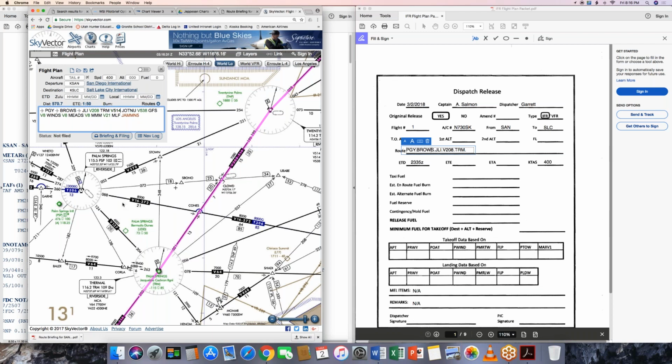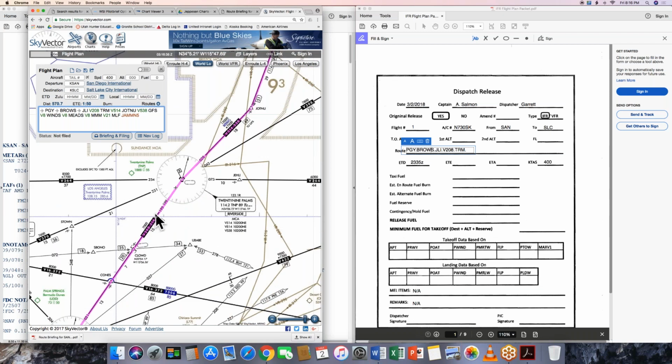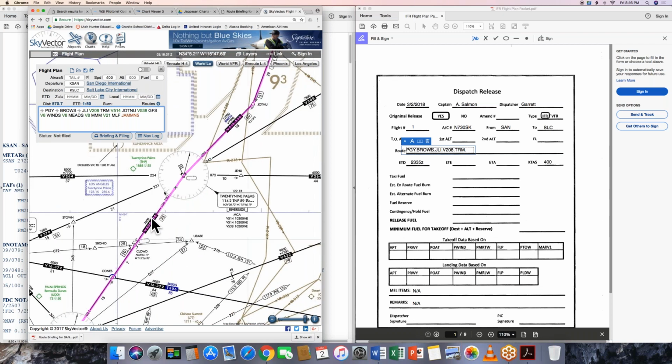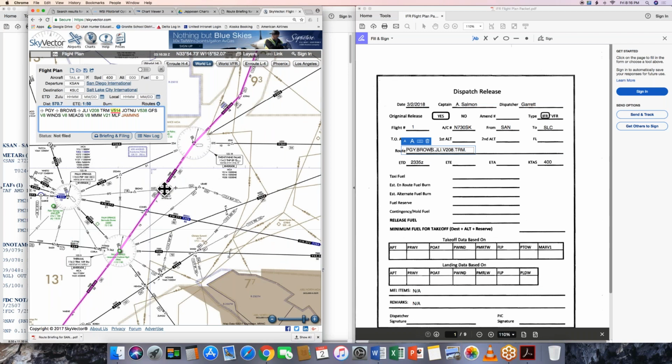Let's see if that works. What does that do? I don't like that. You know what? There is a heading change at the VOR. It stays on the same Victor route, but the heading change is making me want to put it in here.